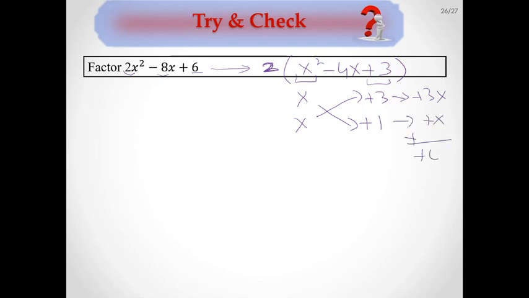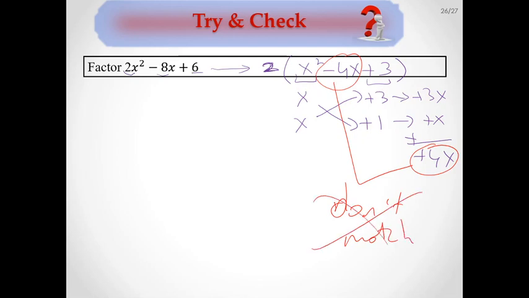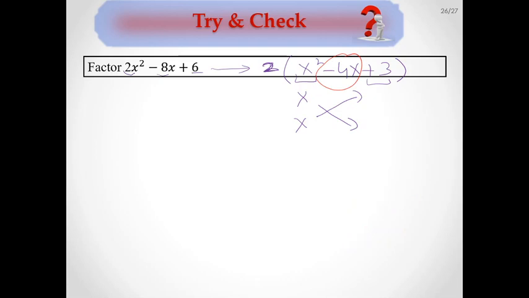That makes plus 4x, but here is the problem. We have negative 4x, and here we get plus 4x. They don't match. So we change our selections for the factors.